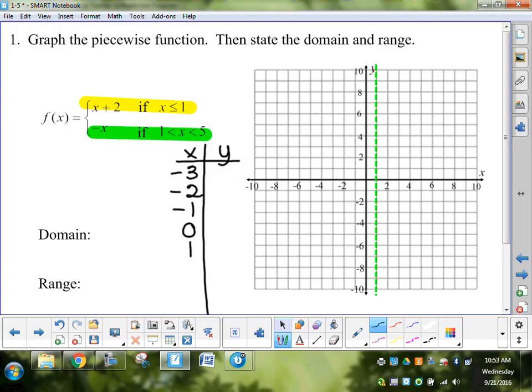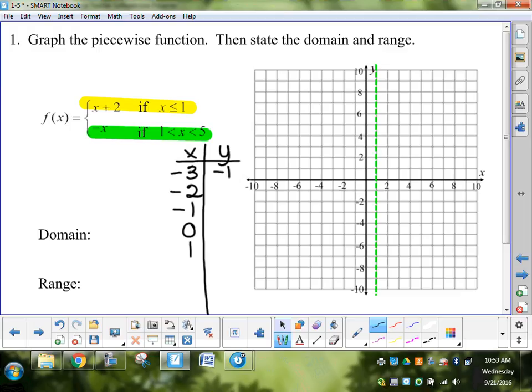Now when I plug a -3 into that yellow piece, Nathan, what would your output be? Abby, what do you get when you plug in a -2? Plug in a -2 and you would use the yellow piece. What is that giving you as an output?